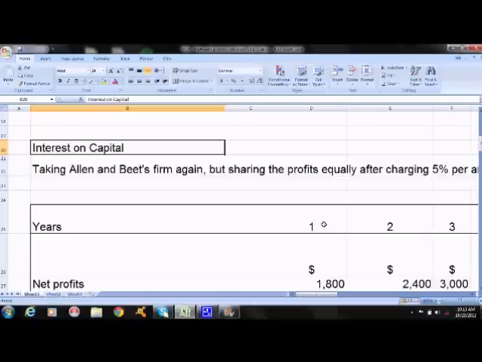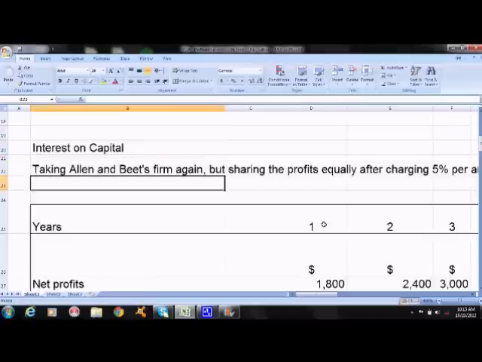That means it will be subtracted from net profits. If the work to be done by each partner is of equal value, but the capital contributed is unequal, it is reasonable to grant interest on partners' capitals. This interest is treated as a deduction prior to the calculation of profits and their distribution according to the profit sharing ratio.